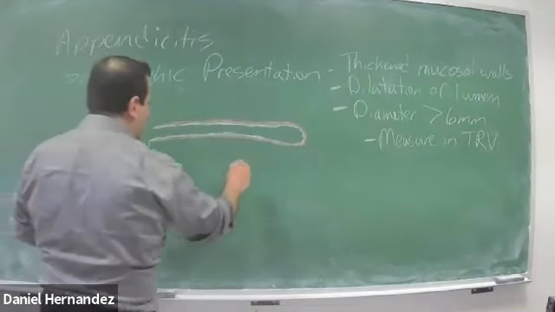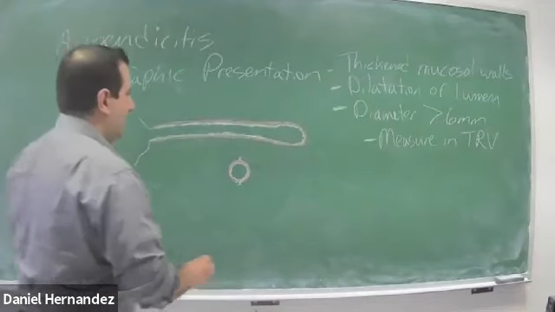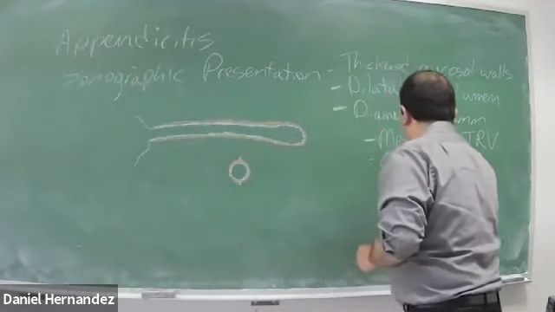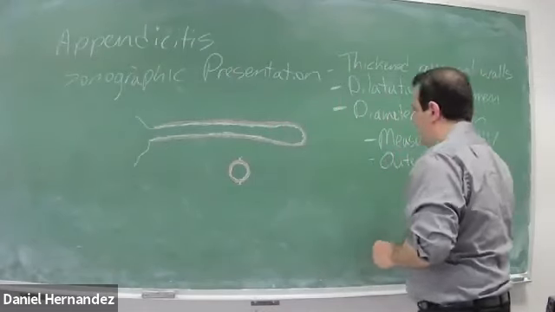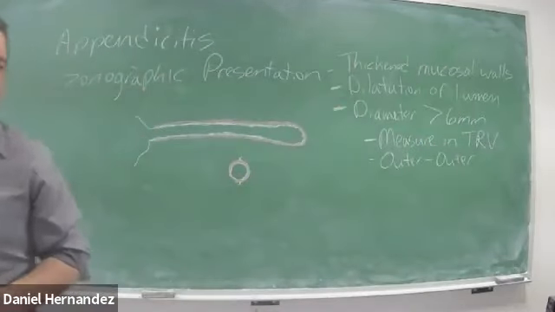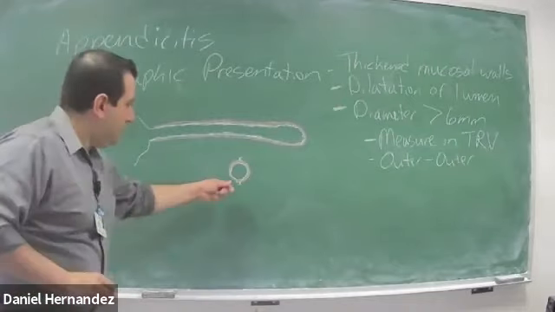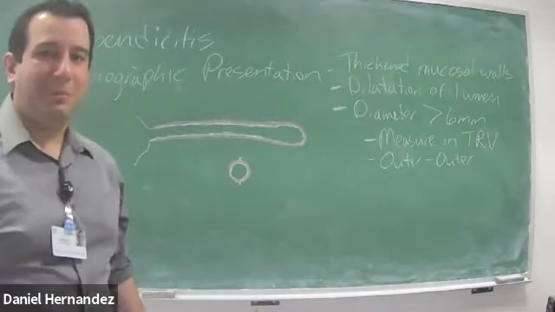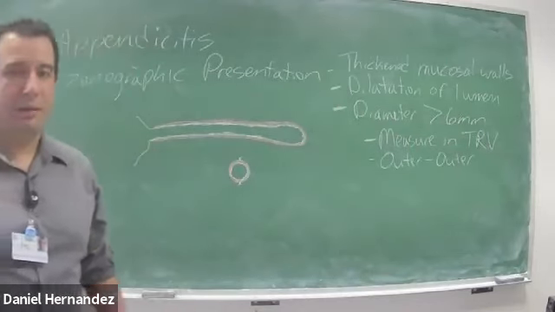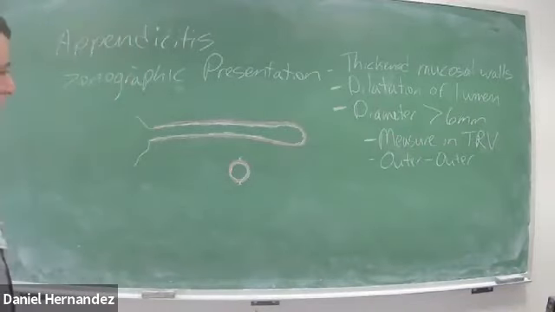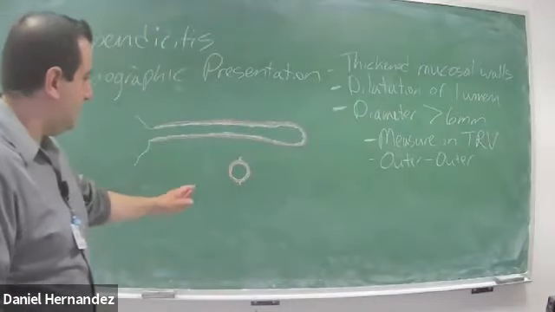We want to remember to include the hypoechoic outer wall, so it's an outer to outer measurement. And it should be a nice perfect circle, which also helps you differentiate the appendix versus small bowel. Small bowel will typically have a more irregular shape. It's not going to be a nice perfect round circle like that.